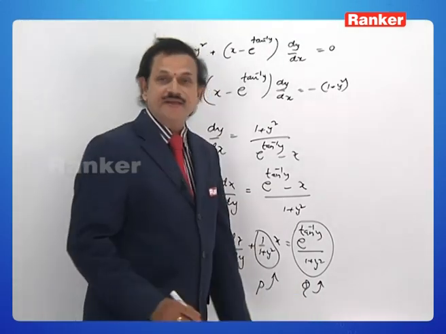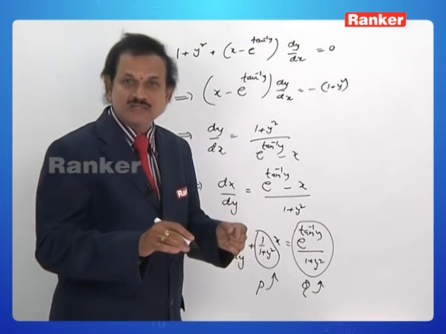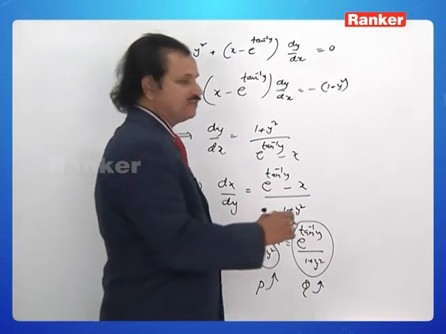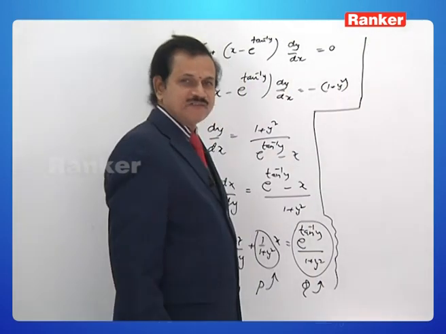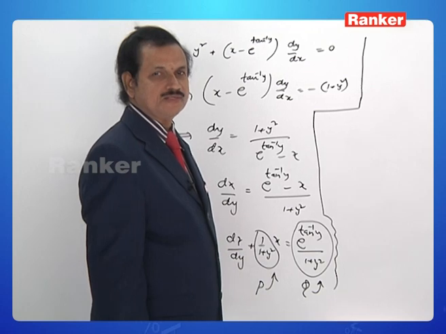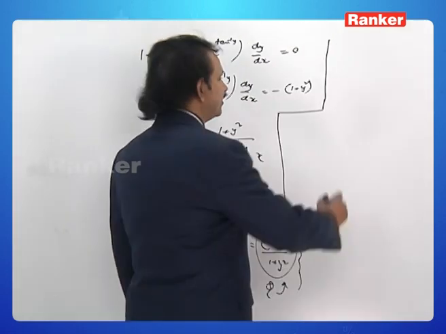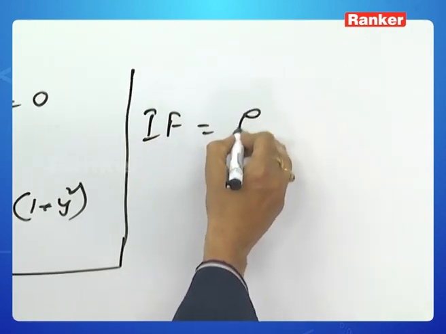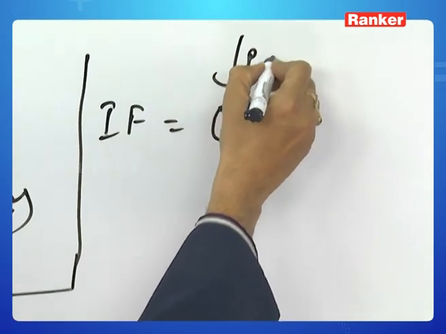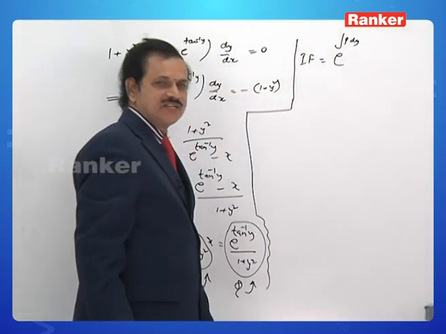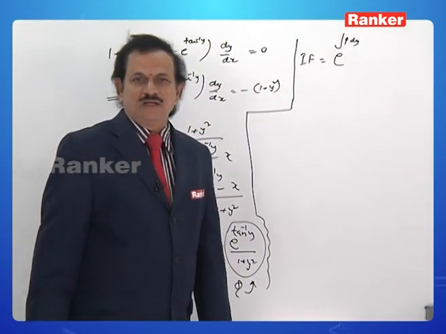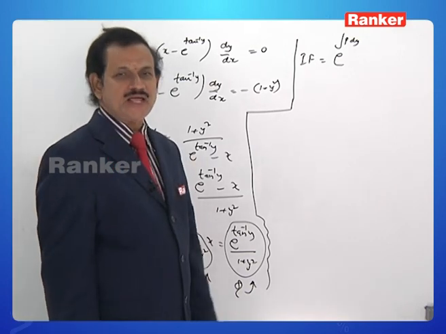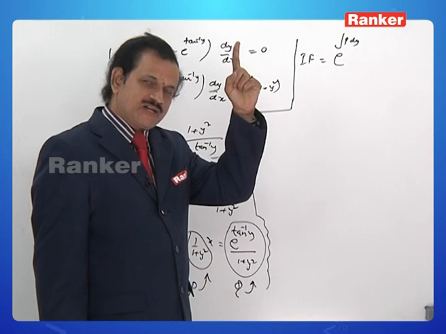Well, we shall now start to follow the procedure. The first step is, come on friend, what is the first step? You are supposed to have the integrating factor. What is that integrating factor? Integrating factor is equal to e power integral p dy, as it is linear in x. You please remember the difference. If the given equation is linear in y, it would be e power integral p dx.